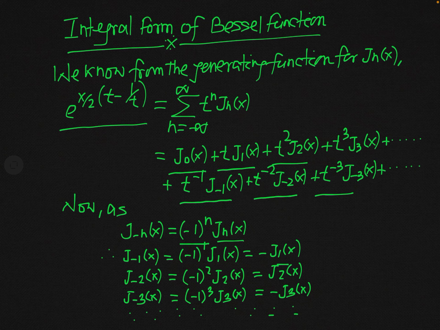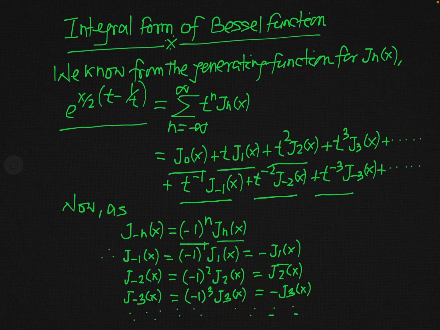Similarly, J minus 2 of x will be what? You can write this as minus 1 raised to the power 2 J2 of x. But you know minus 1 square is simply equal to plus 1, so this will be simply J2 of x.